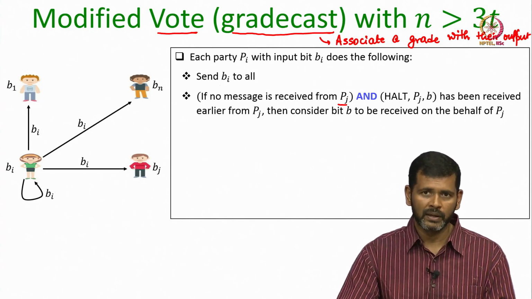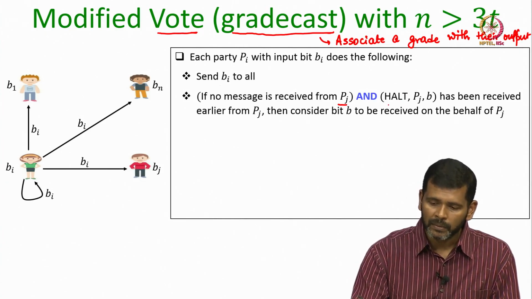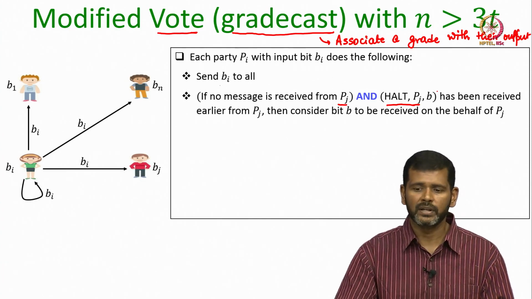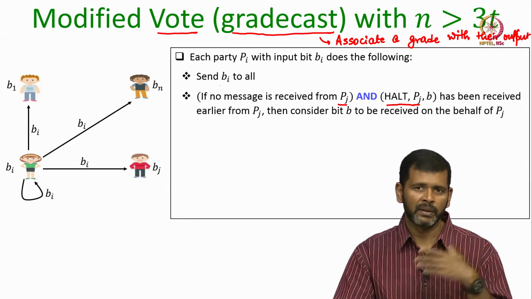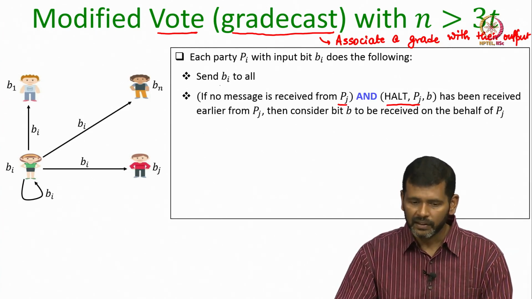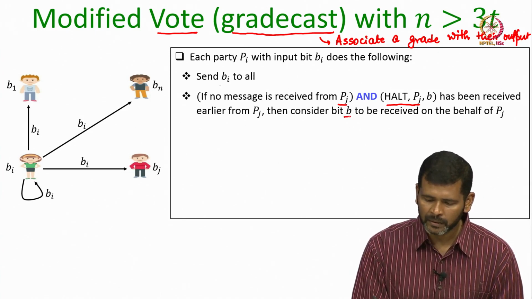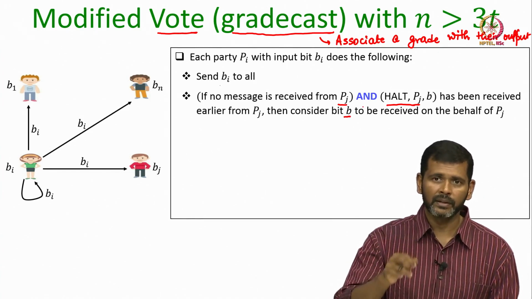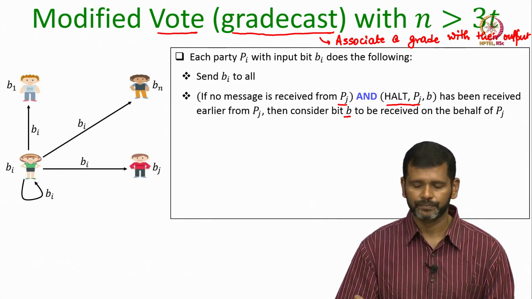He is supposed to send its input, but no input is coming from that party pj, but on behalf of that party pj, we have already received some halting instruction with a bit b in some previous instance of the vote protocol. If that is the case, then we assume that party pj is sending the bit b even during this instance of the modified vote or the Gradecast protocol.